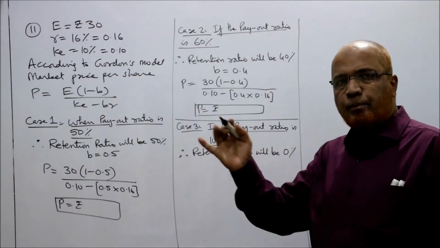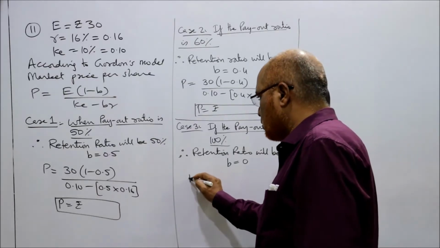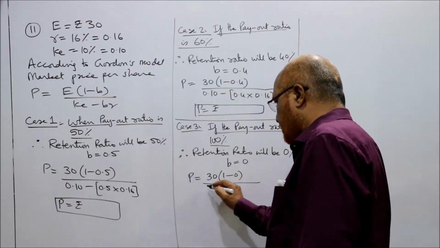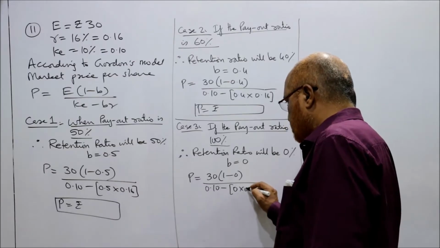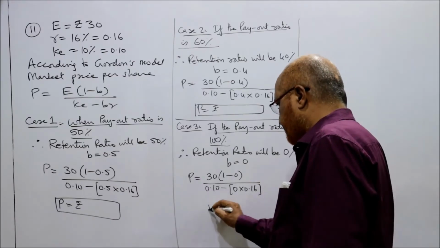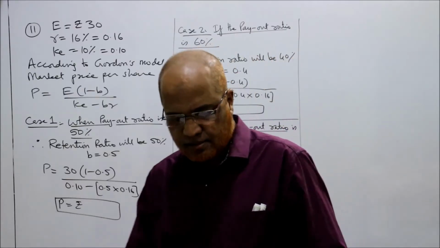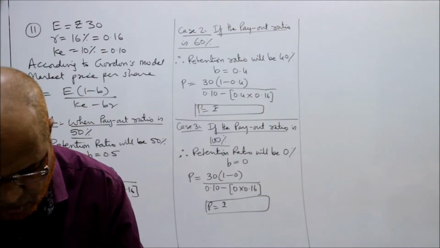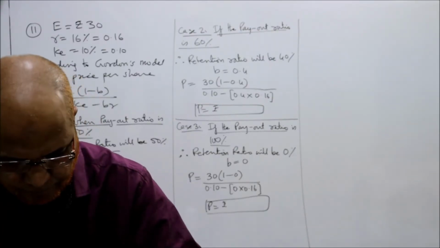When 100% are paid, retention will be 0. So B is equal to 0. P is equal to 30 into 1 minus 0 divided by 0.10 minus 0 into 0.16. That's it. We have substituted all the values in the formula to find out the market price per share.